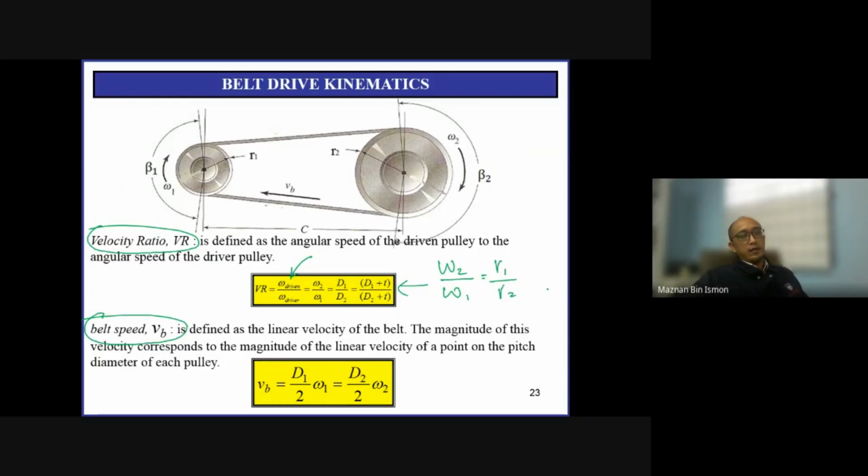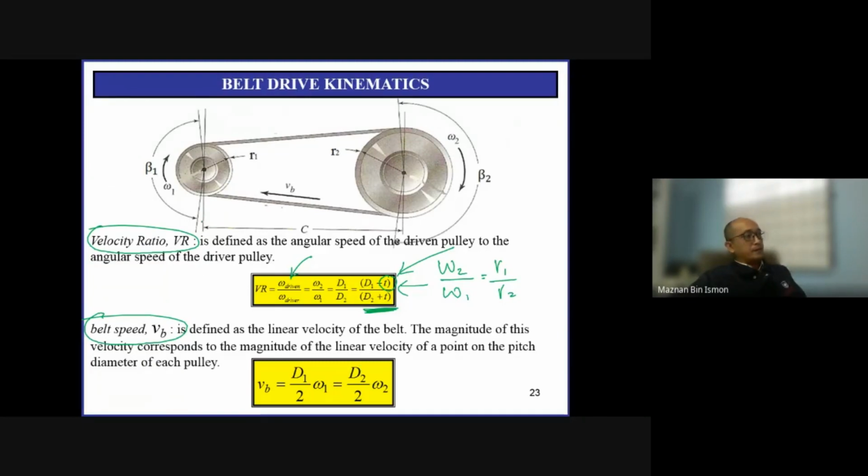This is the velocity ratio of the belt. For this t, it is the thickness of the belt. If there is a problem where they mention the thickness of the belt, then for the velocity ratio you need to apply this equation, adding the thickness of the belt.